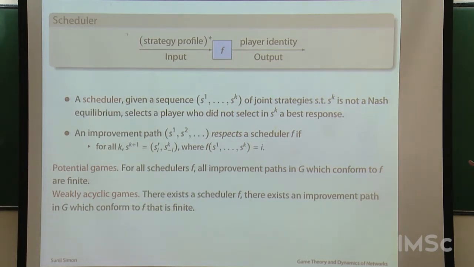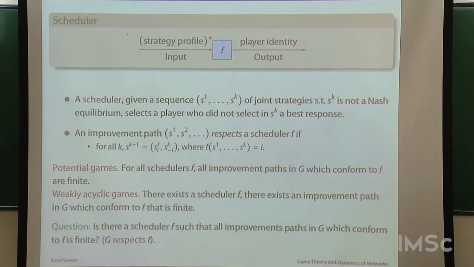That's what weakly acyclic game means. Now the question that we want to ask is, is there a scheduler f such that all improvement paths in this game which conform to f are finite? So it's like somewhere in between FIP and weakly acyclic games. Is the question clear?